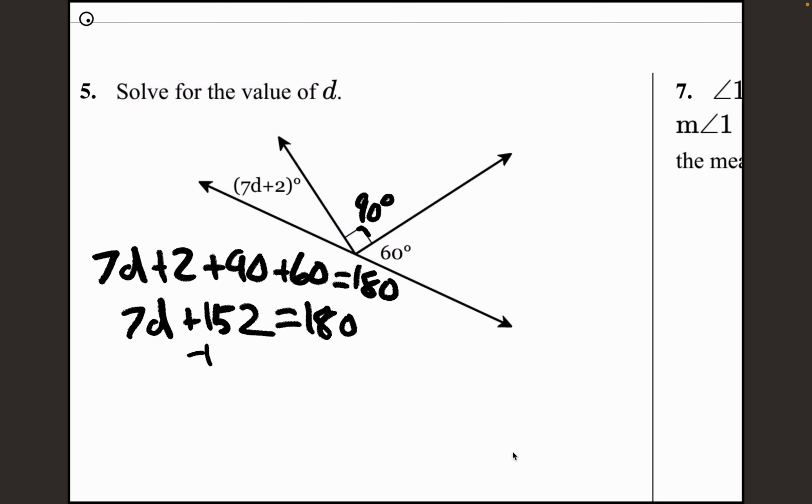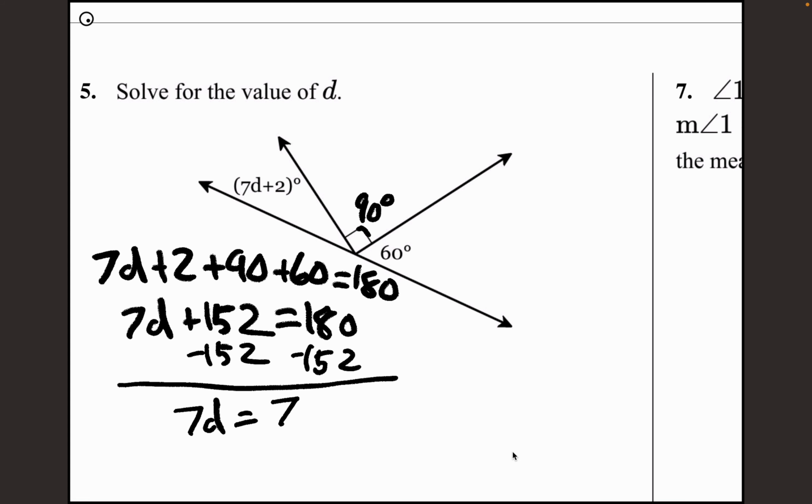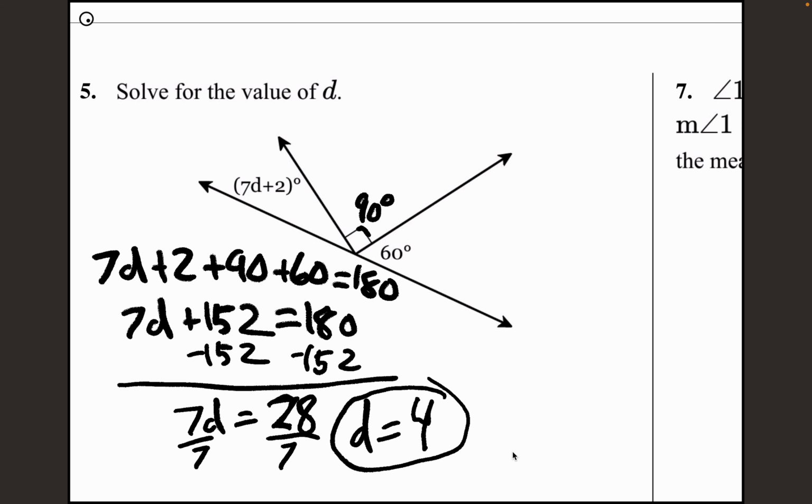Subtract our 152. What's 180 minus 152? 28. Divide by 7, and what is our x or our d value? 4. Do we see what we did there?